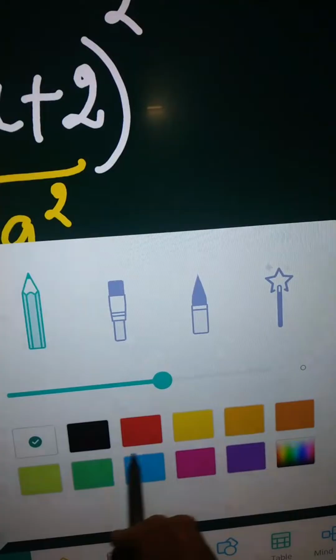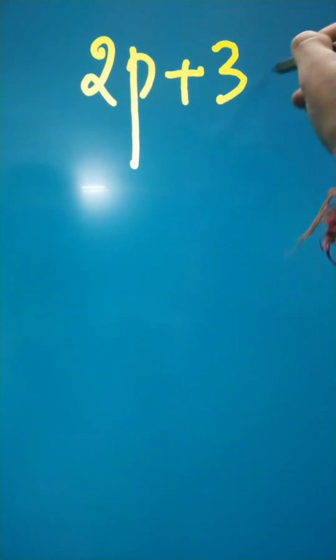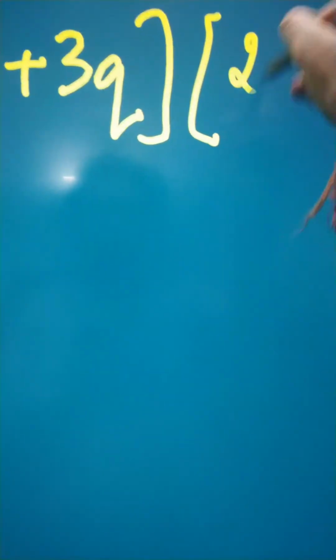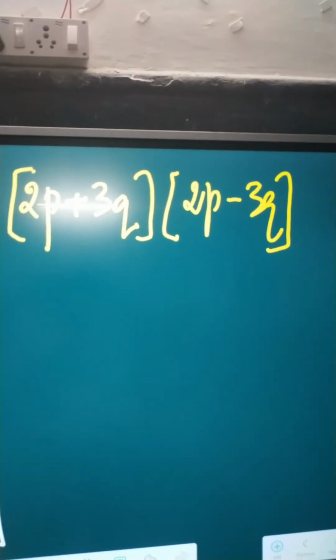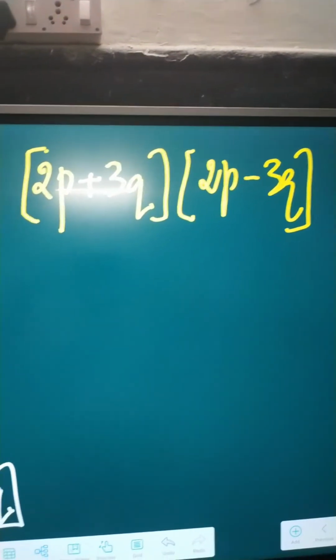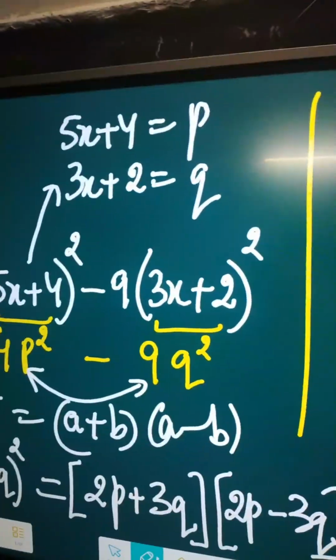So see this step. The question became 2p plus 3q and 2p minus 3q. Same thing. Now replace the value of p.